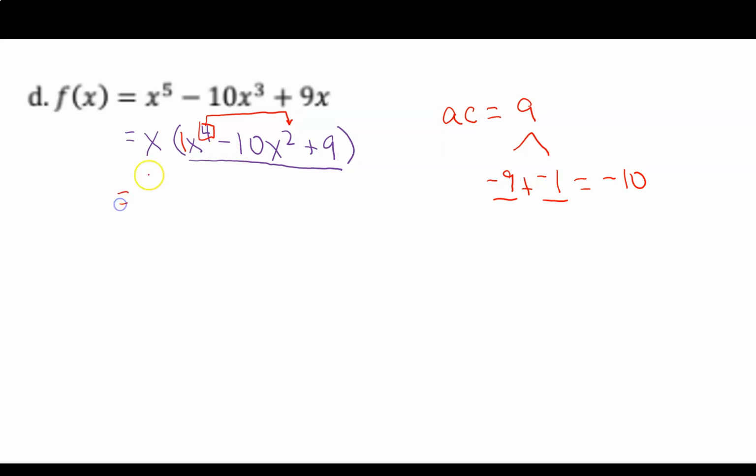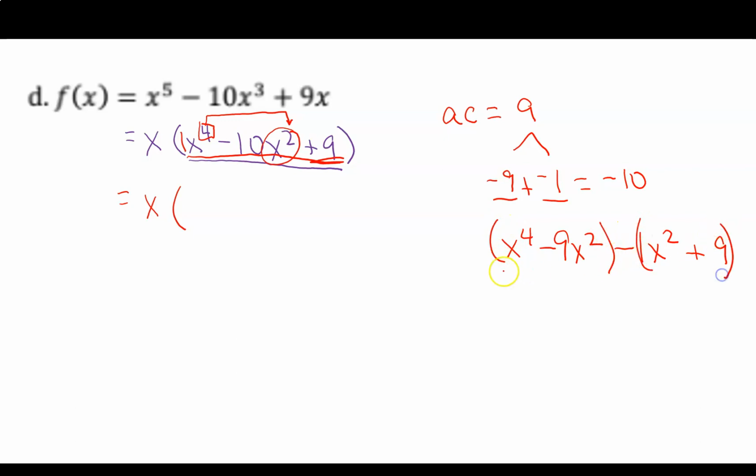So what I'm going to do, so I have that x. I'm going to rewrite this now as, or sorry, I don't want to do this over here. Let's do this over here. So I want to take this part and write that as x to the 4th minus 9x squared, because remember we have x squared in the middle, minus 1x squared plus 9. Okay, we're going to factor that by grouping. In the first group, I could divide those by x squared.